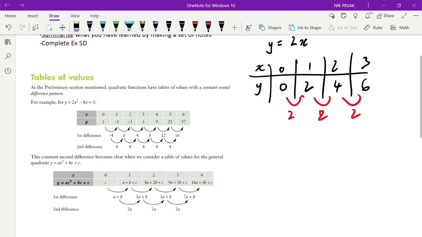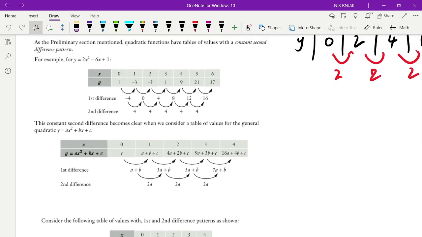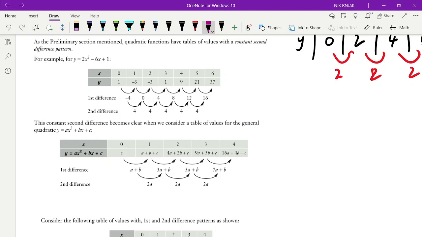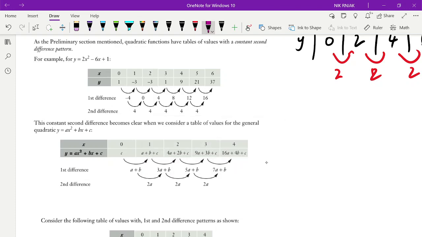So if you have a look at what your textbook has illustrated here, if we start with the general case, y equals ax squared plus bx plus c, and we have x equals 0, 1, 2, 3, 4, we substitute each of these x values into this equation, and we get the y values in terms of a, b, and c.